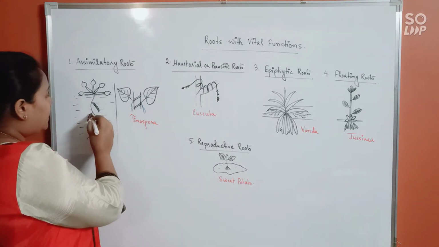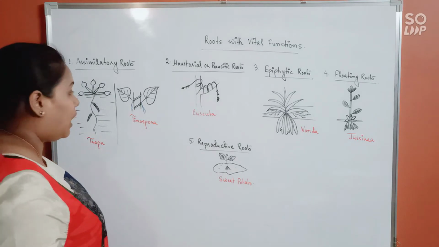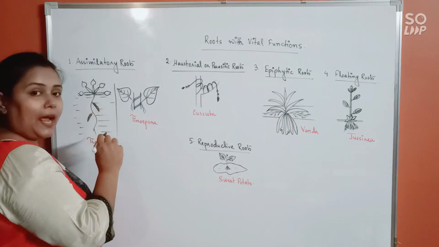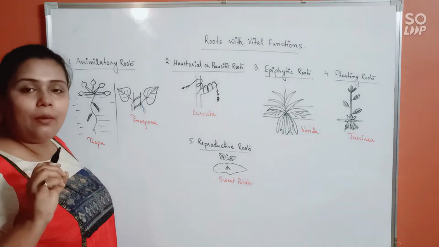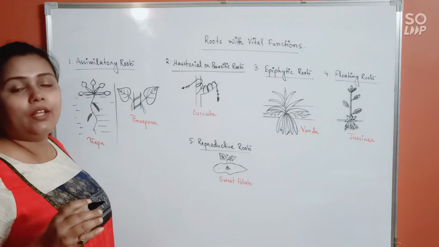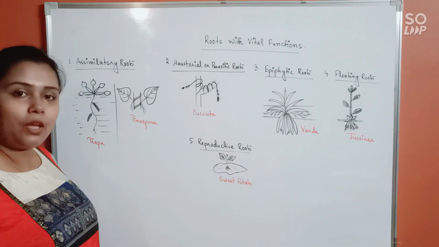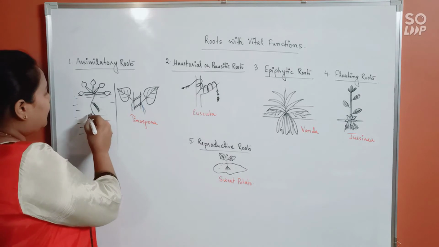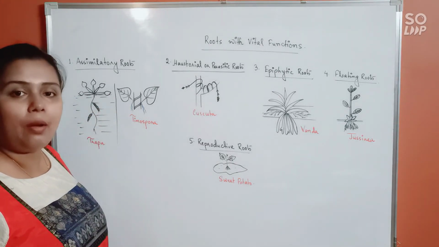From the nodes, these leaf-like structures arise, but these are not leaves, rather they are continuously branched adventitious roots. They have so many branch-like structures so that there is more surface area for photosynthesis to occur. So these are the adventitious roots found in water chestnut or trapa.